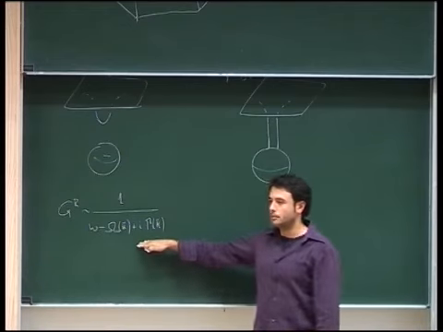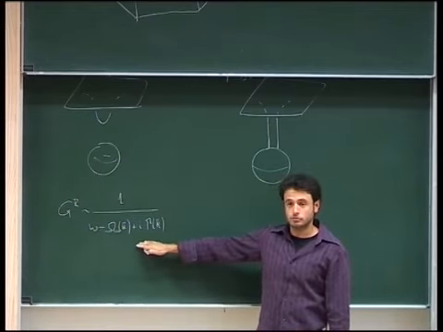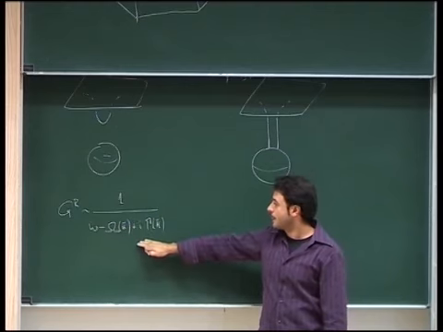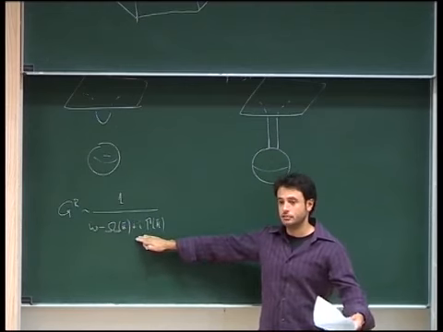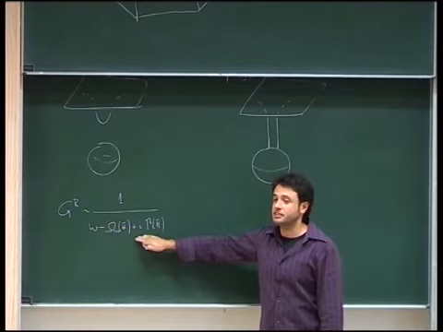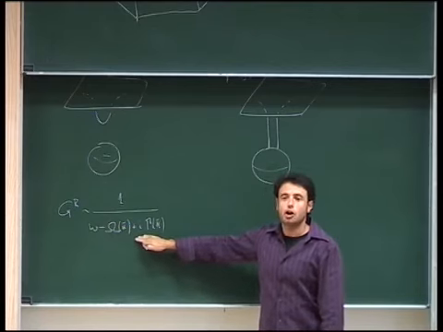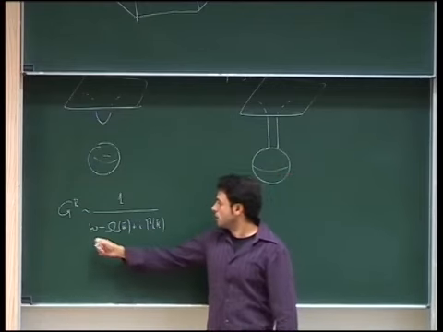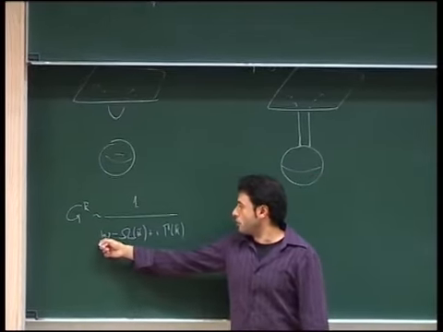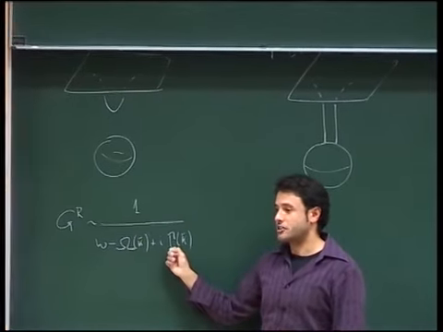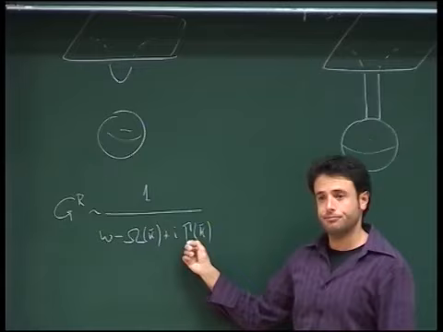This is the typical form of the two-point function near the singularity associated to the presence in the spectrum of a particle with energy capital omega and an imaginary part gamma.